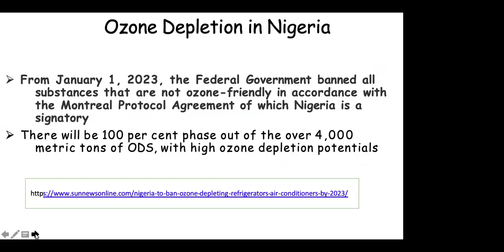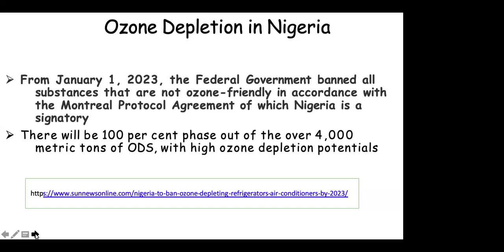From January 1, 2023, the federal government banned all substances that are not ozone friendly, in accordance with the Montreal Protocol Agreement, of which Nigeria is a signatory. Like I said, from time to time nations meet together, so the Montreal Protocol Agreement has been there over time.